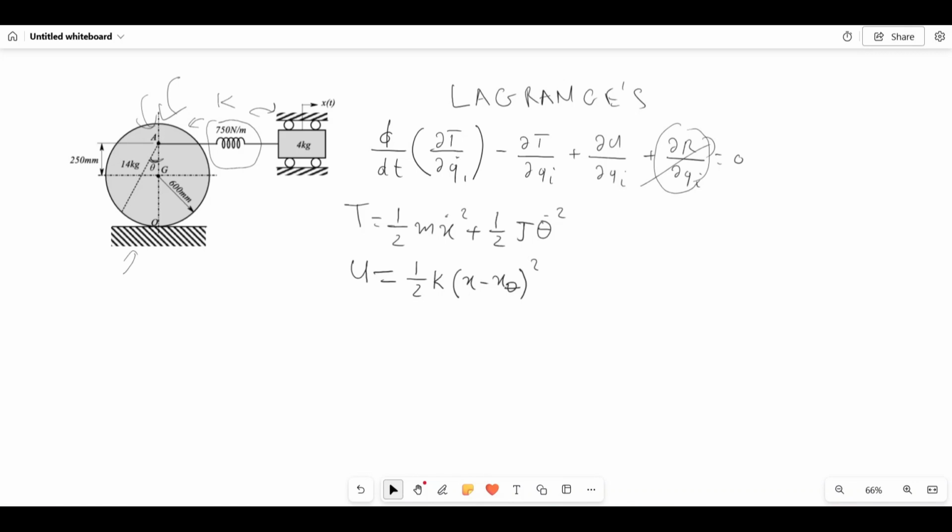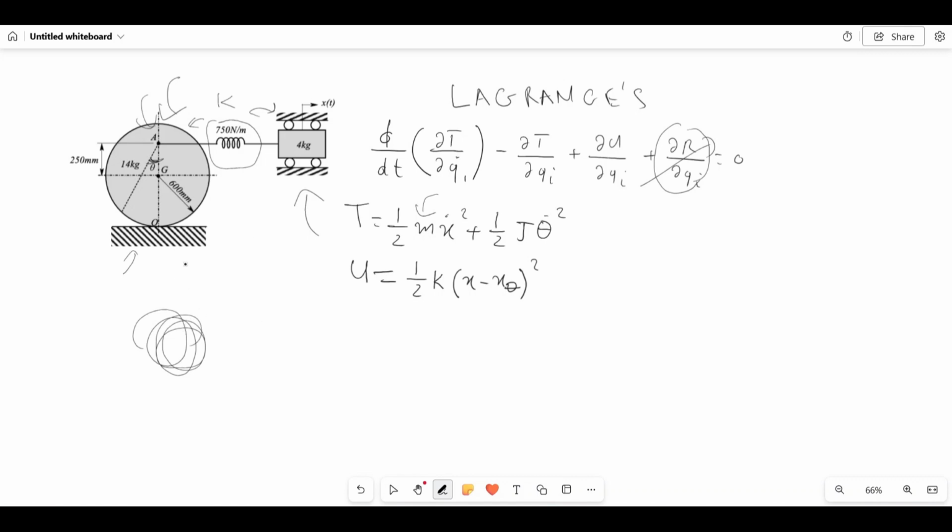Can you please explain the kinetic energy again? Thank you, my brother. Remember, do you agree that this mass is having a linear motion, my brother? Yes. Because of that, kinetic will be half m x dot square. Are you with me? Do you also agree that the second object here is rotating? That's the reason why it has an angle theta here. It's turning actually. It's rolling.